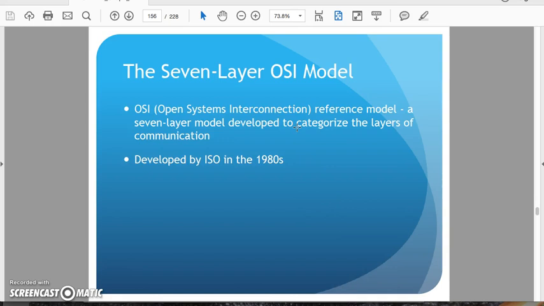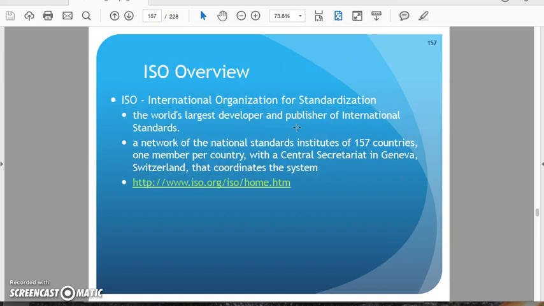The OSI model, Open System Interconnection Model, was developed in the 80s by ISO, the International Organization for Standardization. Again, if we think back to the earlier history I mentioned, when we moved to personal computers, all these computer companies started building their own networks to connect their own computers.